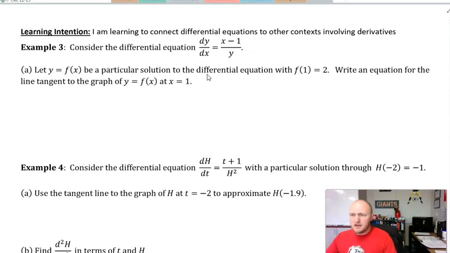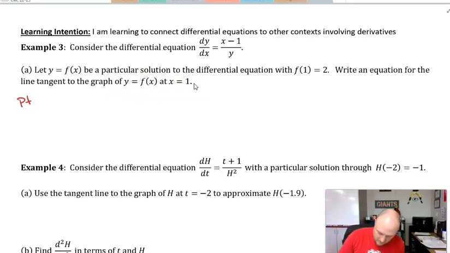Example number 3. Again, this is very similar to what we've been doing. They say consider the differential equation dy dx equals x minus 1 over y. Let y equal f of x be the particular solution to the differential equation with f of 1 equaling 2. There's your point. Write the equation for a line tangent to the graph of y equals f of x at x equals 1.